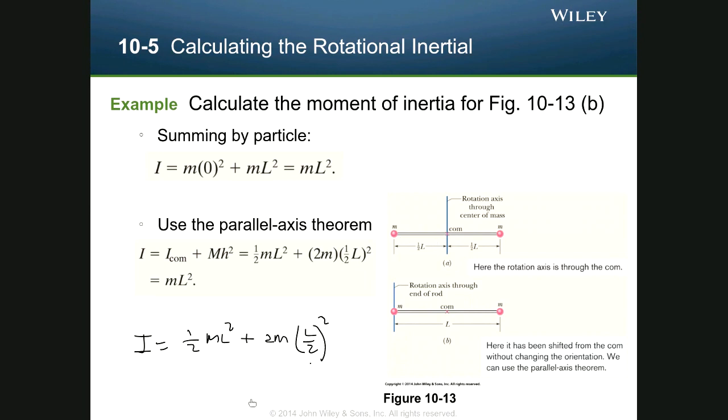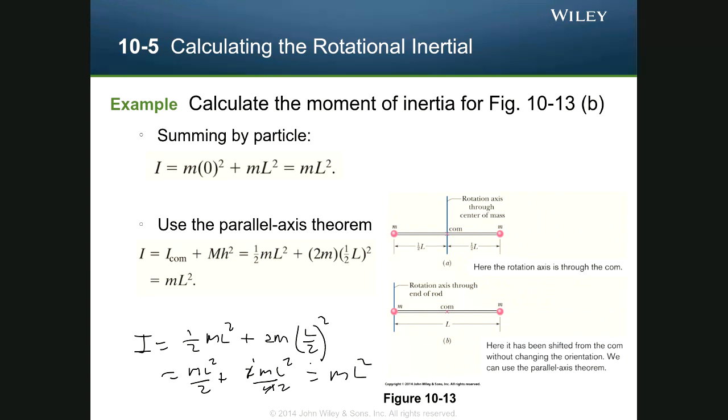And we can see from simplifying this, right, we get equals m L squared over 2 plus 2 m L squared over 4. So that's going to become 1. That's going to become 2. And 1/2 plus 1/2 is equal to 1. So this will be equal to m L squared.